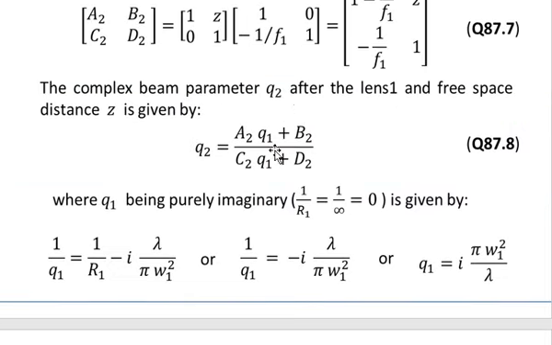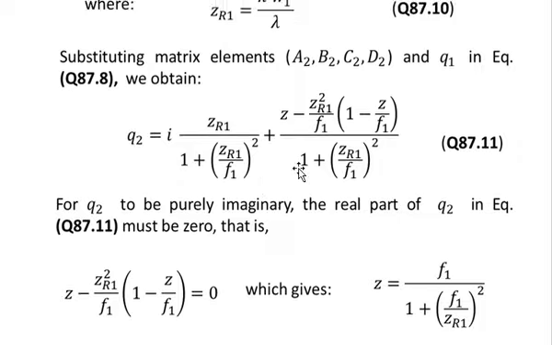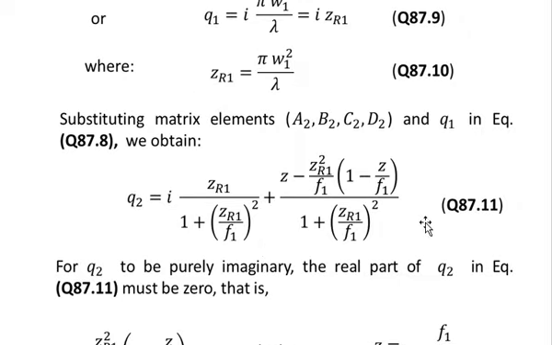If you substitute these values and rearrange the terms for Q2, we get Q2 as shown in equation number 11. So now Q2 has two parts. It has an imaginary part with the iota multiplication, and then the other part is completely real.